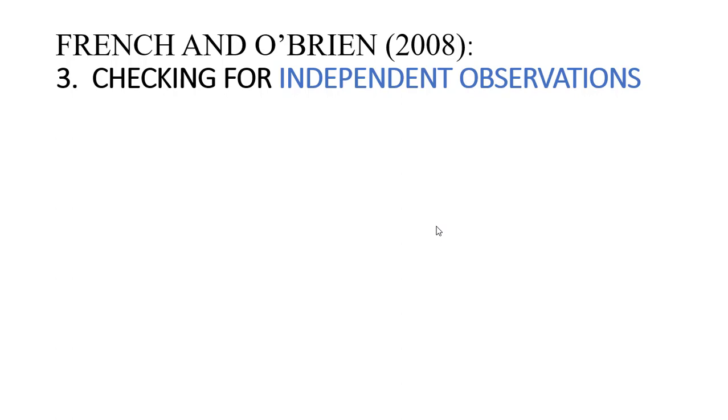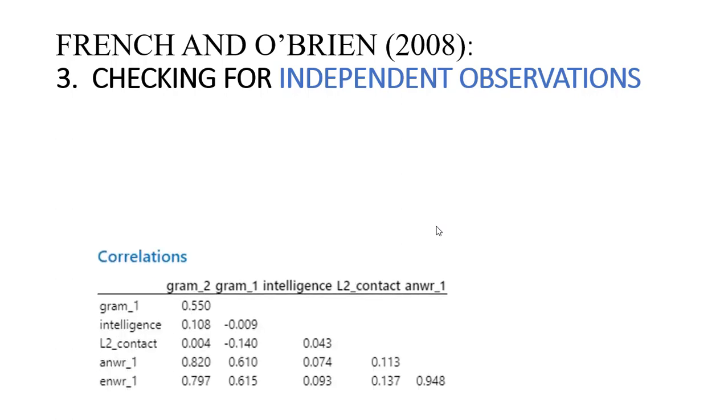So this is why you have to make sure that you have independent observations. Now, how do we do that? Well, when you do a multiple correlation, and I will show you how to do this, you will get these values. Now remember, correlations are usually evaluated on a scale from 0 to 1. Now in this case, and again, this is a problem for French and O'Brien, we can see that here we have a very high correlation.